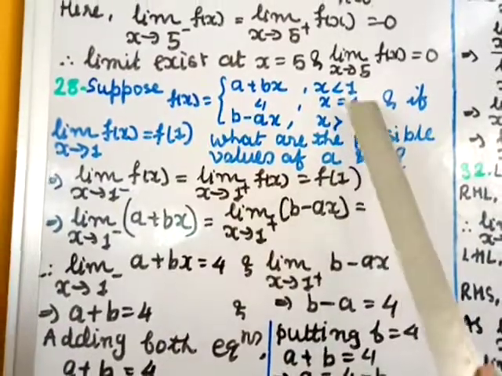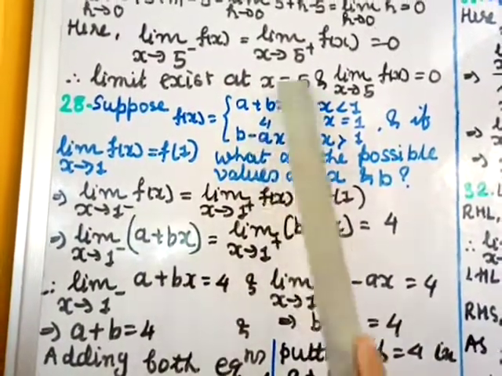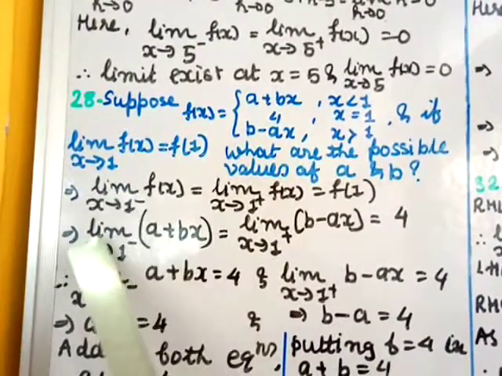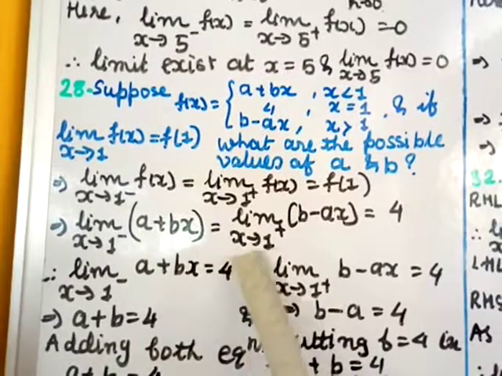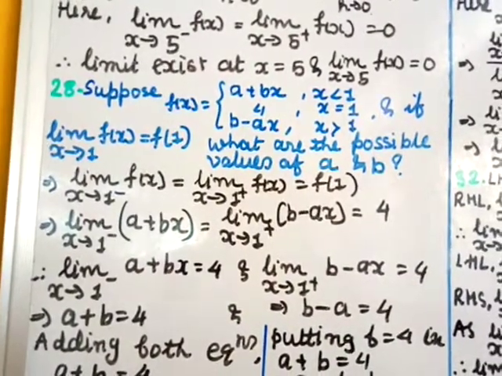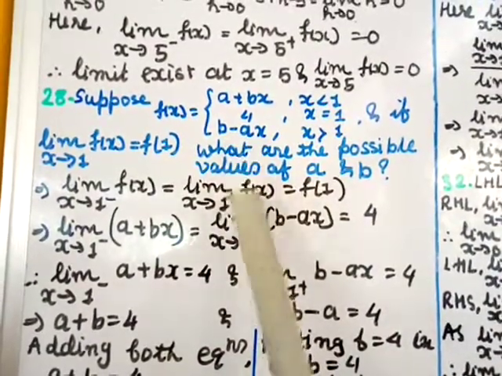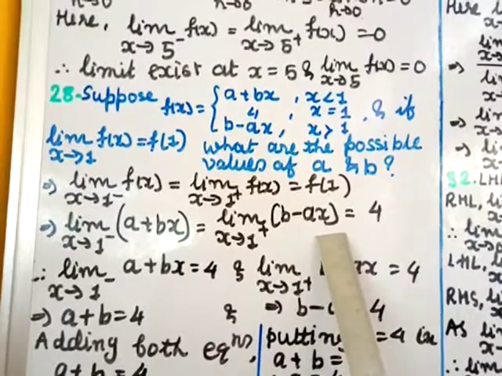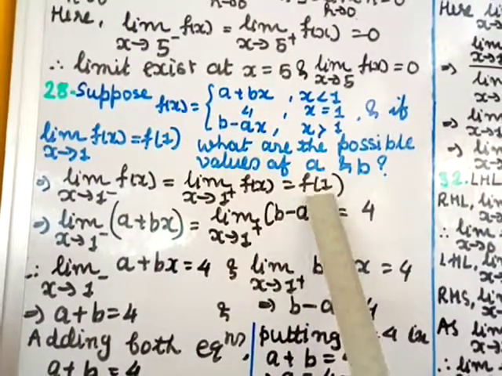Now for left hand limit, that is x less than 1, we have to use this function. So I put instead of f(x) this a plus bx, and limit x tends to 1 minus is equal to limit x tends to 1 plus, and for right hand limit we use x greater than 1, that is this function, b minus ax. Put instead of f(x) b minus ax, and when x is equal to 1, the answer of f(x) is 4. That means f(1) is 4.